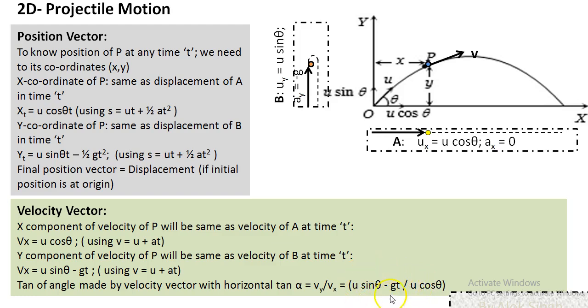This term will keep on decreasing with time, hence the angle also will keep decreasing with time. When it reaches the maximum value of y, this term will become 0, so at the highest point the velocity vector will become horizontal, and then it will turn negative. The velocity vector will make a negative angle with the horizontal.